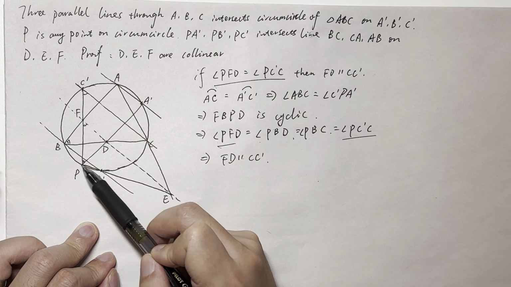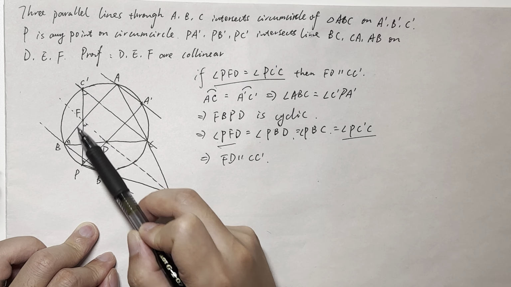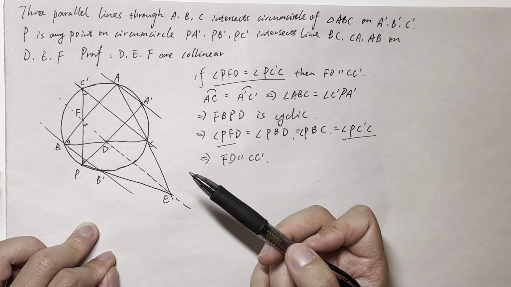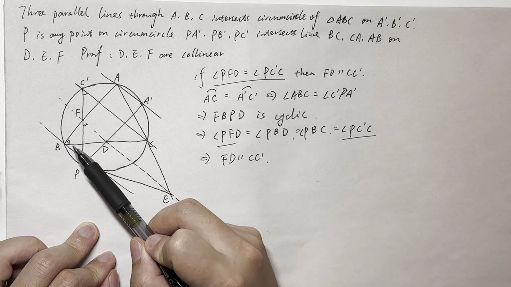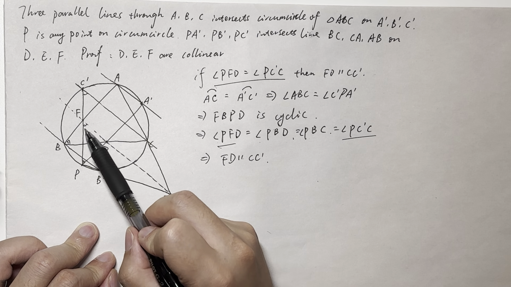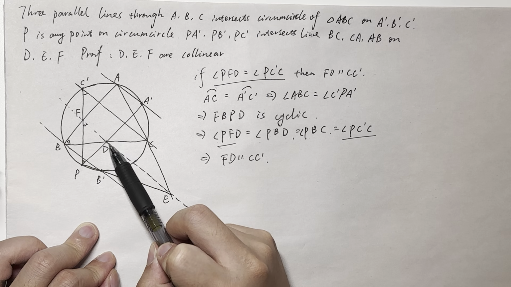Then we know that if PBC equals PFD, PBFD must be a cyclic quadrilateral. Then I need to find another way to prove that PBFD is a cyclic quadrilateral, then I can know that angle PBC equals angle PFD.